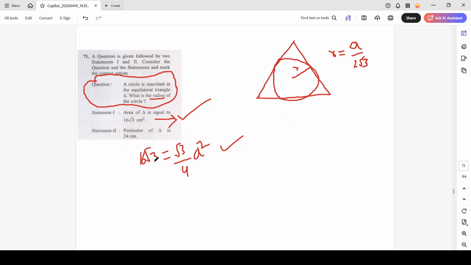Now move on to statement 2. The perimeter of the triangle is 24. This is an equilateral triangle. That means the side will be what? 8. That means we have the value of the side. That means statement 2 alone can answer.